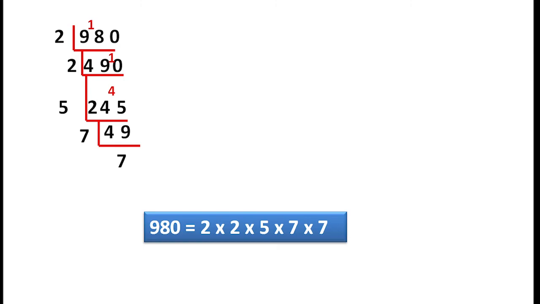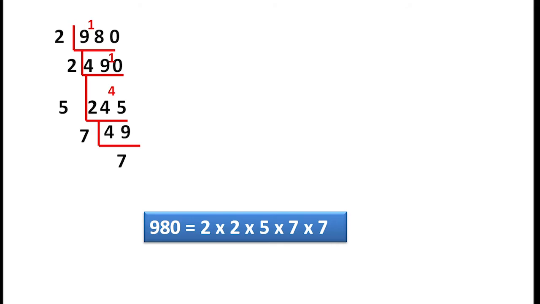We have to take the prime numbers only for dividing. That's the main thing. And write the remainders and take the next number as a 2-digit number and continue the step till we get the prime number.